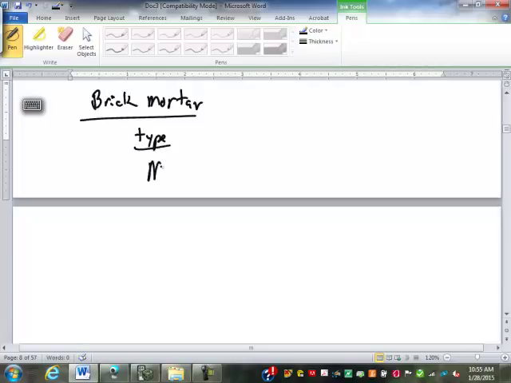If you have a type M mortar, you have the Portland cement. It actually has lime in it. Then you have sand and water. Mortar doesn't have aggregate, doesn't have stone in it, it just has sand. The lime kind of replaces the aggregate in the mortar.